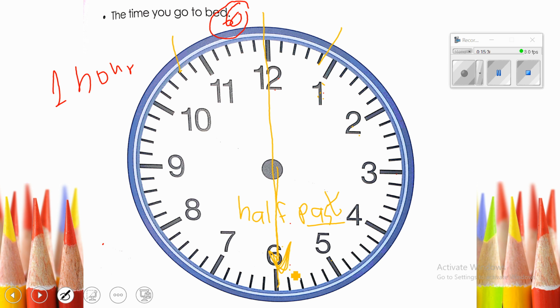So if the minute hand is on the 12, it's 0 or o'clock. If the minute hand is on 6, it's half past. And how many minutes for 6? 6 times 5. Perfect, 30. Now, this is the way I tell the time. Let's see now by practicing.